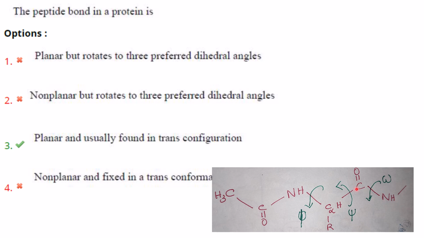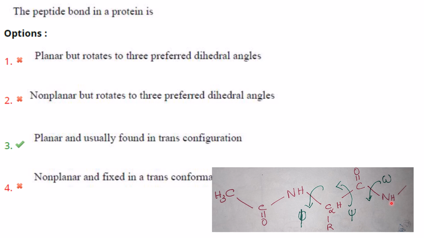This is the peptide bond between two amino acids. It is not able to rotate freely, and it has partial double bond character because of resonance, where the pi electrons are shared between the carbonyl oxygen and the amide group of the nitrogen. Because of this sharing, the peptide bond is rigid and planar.